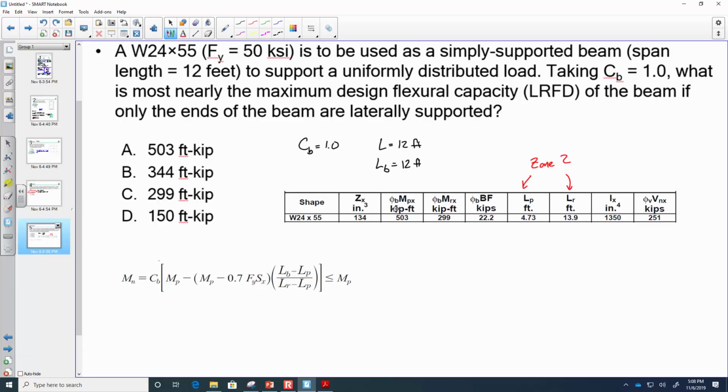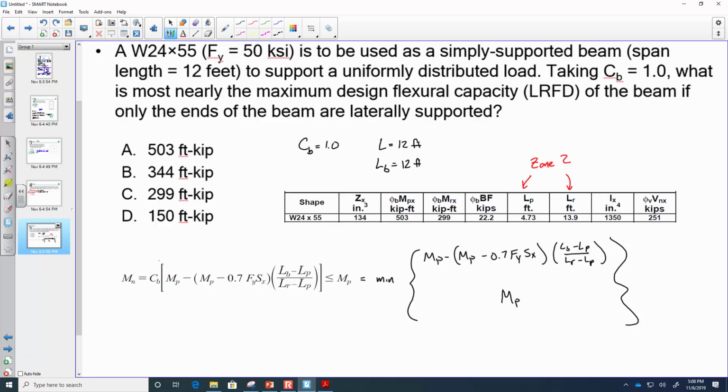So let's see if we can rewrite this. So far, so good?